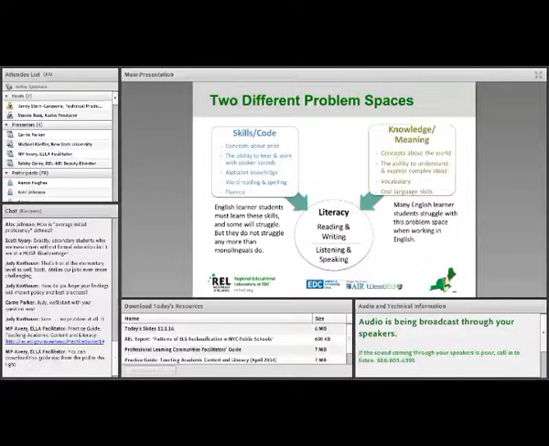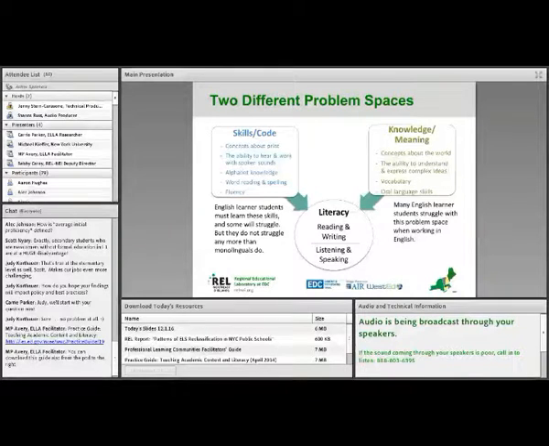The reason this is important for English learners is that they must learn these code-based skills, just as all readers need to learn these skills, and some may struggle. But on average, they don't struggle any more than monolinguals do. We have quite a bit of evidence now that English learners don't struggle with sounding out words or becoming fluent readers any more often than native English speakers.